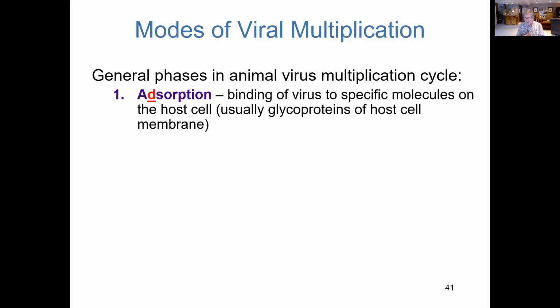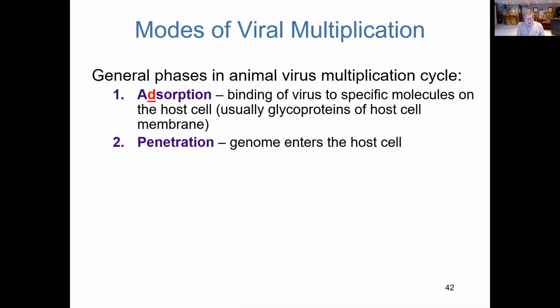Again, don't forget what a plasma membrane is made up of. A&P 2, check it out, chapter 3, or A&P 1, chapter 3. And I'll go through these in a diagram with you in just a moment. So the virus adsorbs to the surface of the host cell. The genome, being the DNA or the RNA, enters the host cell.